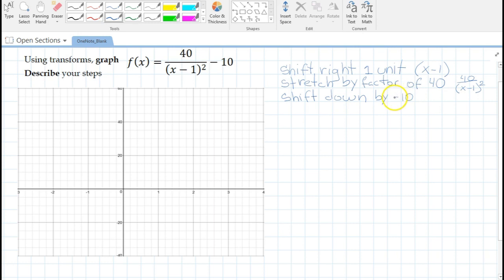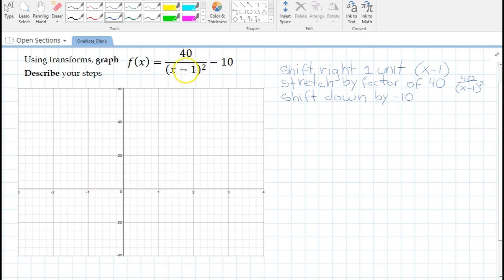So anything outside any grouping symbol is going to go up and down in the y-axis. Anything that is inside a grouping symbol is going to be contra logic, and we're going to move it in our x-axis. If we see a negative, we're going to go to the positive side.